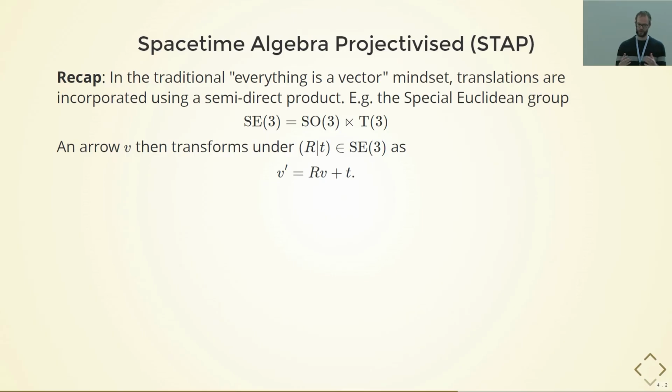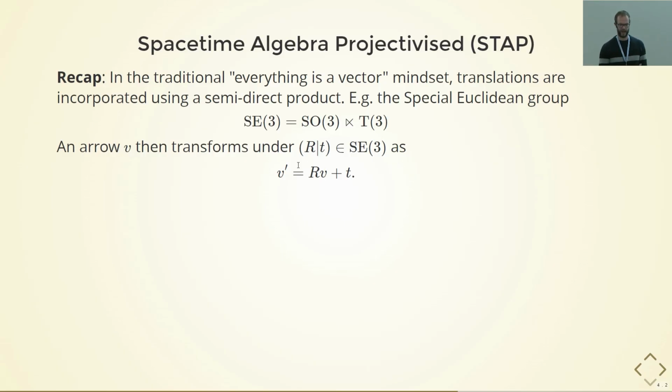So just as a quick recap, in the traditional everything is a vector mindset, we often think about these Euclidean groups as a semi-direct product of the rotation group and the translation group. Right, so that's SO3 and the translation group in 3D. And then you say any element of the special Euclidean group is a tuple, a pair, of a rotation and a translation vector.